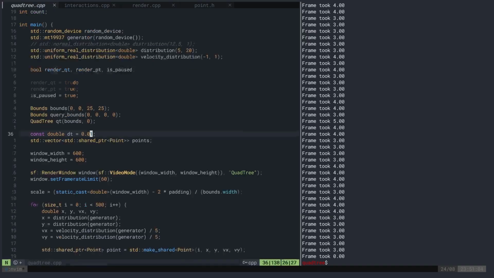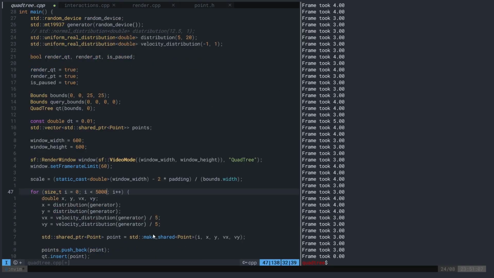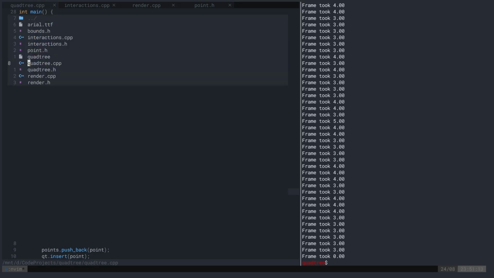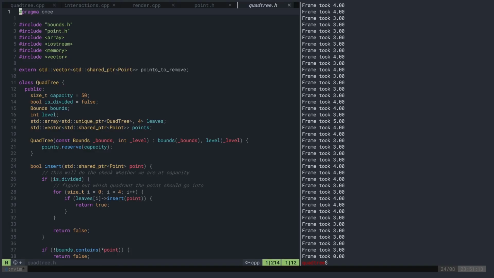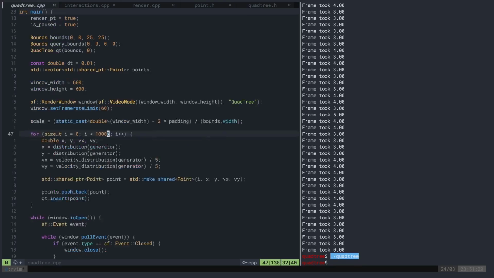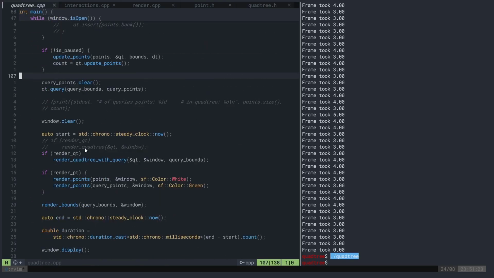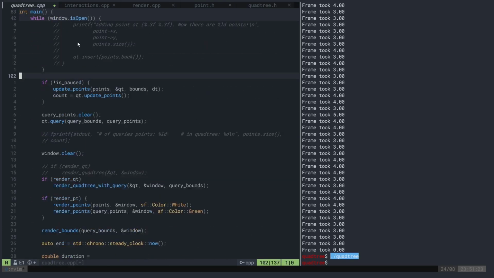Let's try to increase the number of particles that we have from, let's say, 500 up to like 10,000. And just to make sure, I think the capacity is fine. Let's just run a quick experiment. Let me move this up here.